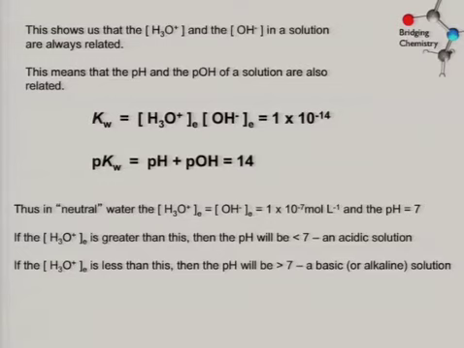If the concentration of H3O plus is greater than this, it's a bigger number than 1 times 10 to the negative 7, that means that there's more H3O plus than there is OH minus in your solution, and so you would say that the solution is acidic. And if you work through the numbers, that means that the pH will be less than 7.